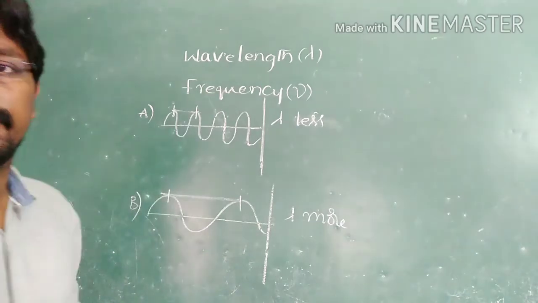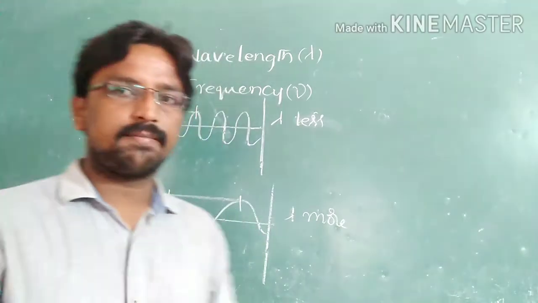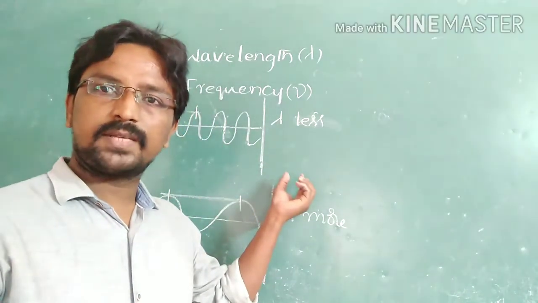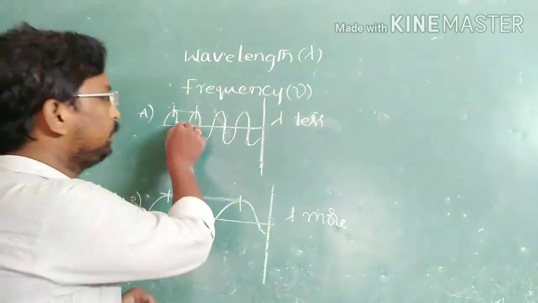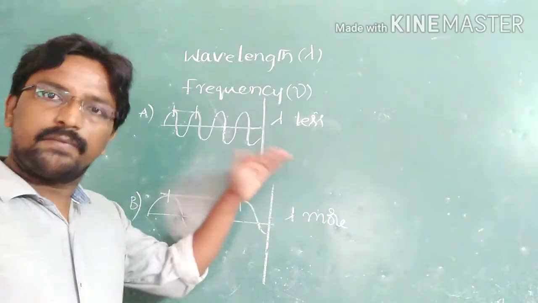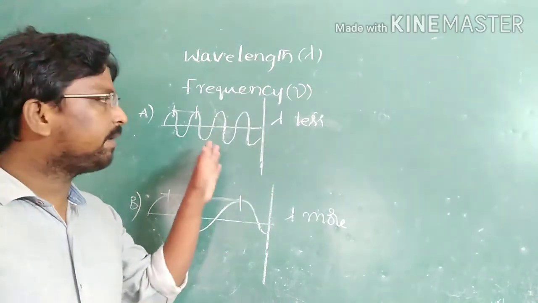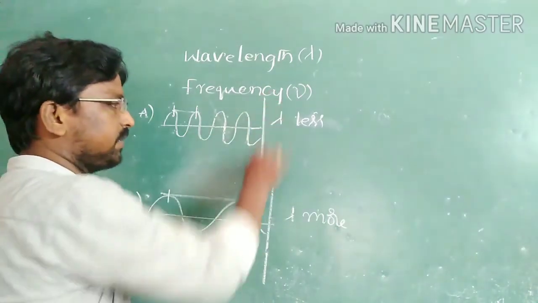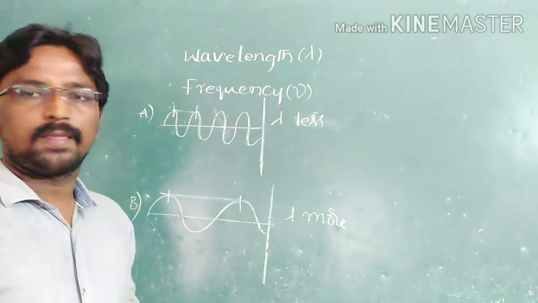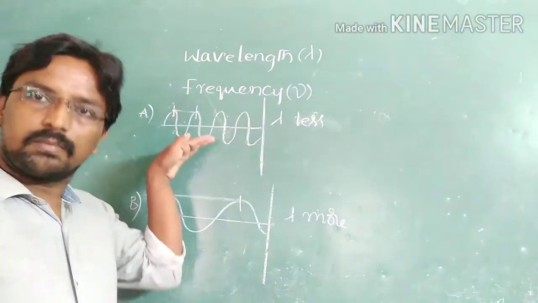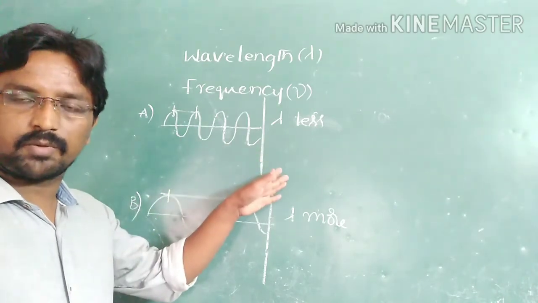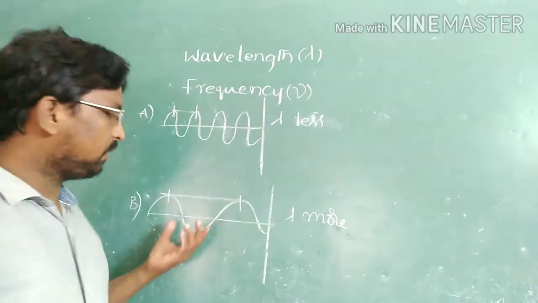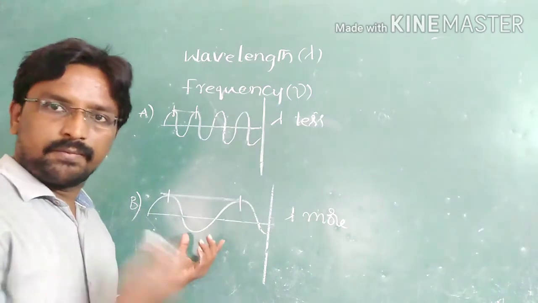Then what about the frequency? Frequency is the number of waves passing through a given point per unit time. Due to the shorter wavelength, the number of waves passing through this reference point increases.